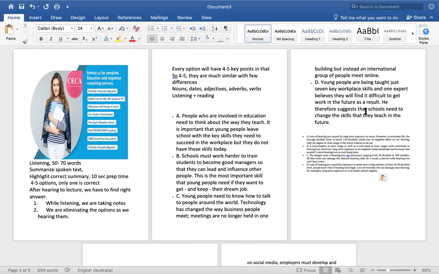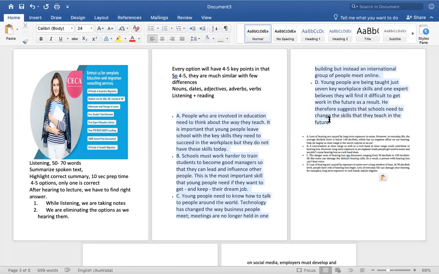As a result, he therefore suggests the schools need to change the skills that they teach in the future. So they are not adding the sentence that they are not having the skills that are needed in the workplaces, right? So maybe you see every option is not having that one thing, how they are concluding it up. So that makes the other option stand out, and keep eliminating them as you are looking at them, right? Okay, A is the right option here, and you got it, but yeah, it's not so quick.